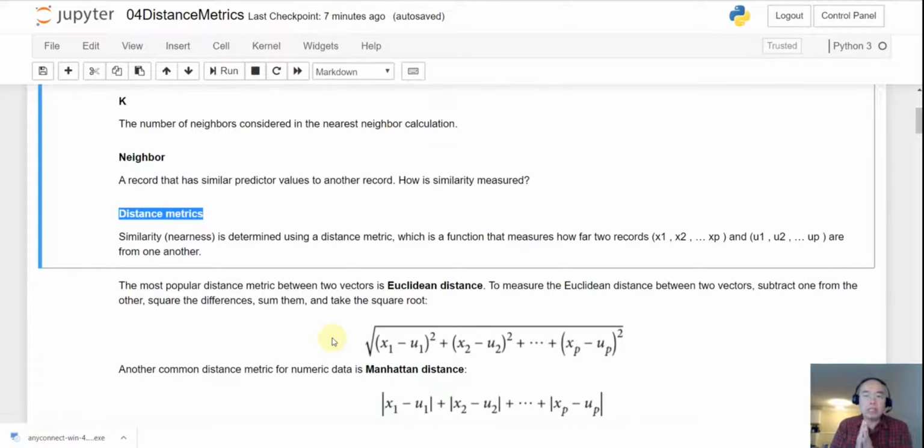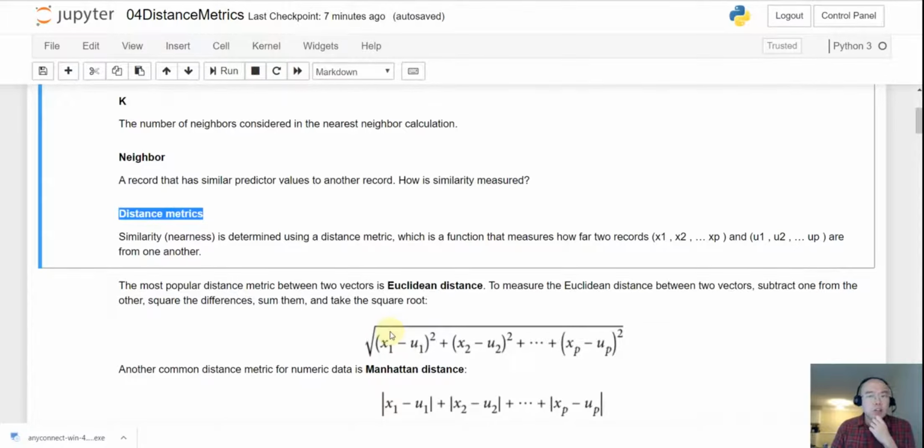For example, if we have two samples, the first sample has x1, x2, x3, up to xp, and the second sample is u1, u2, u3, up to up, then the Euclidean distance can be calculated as this.